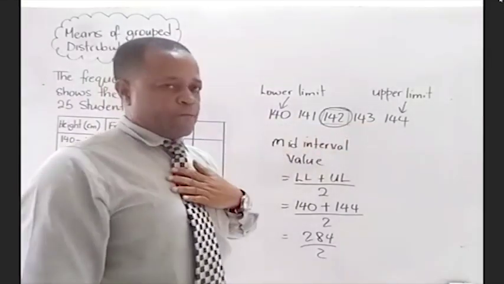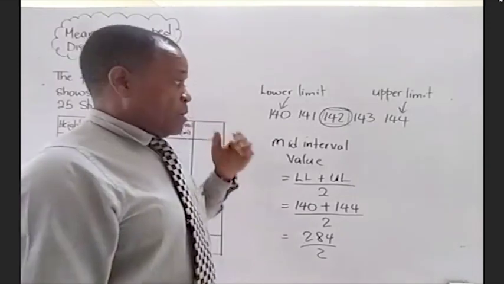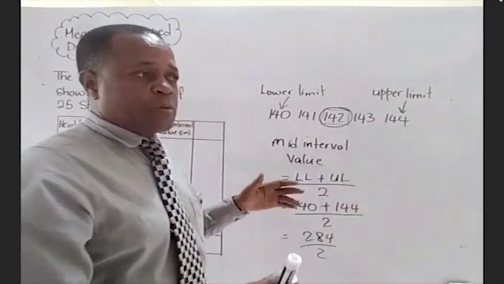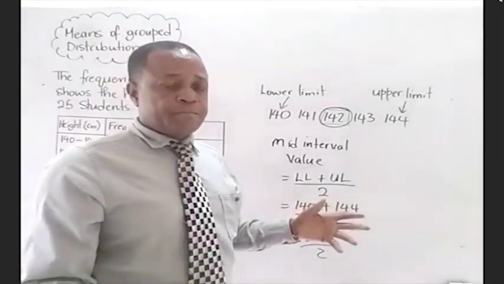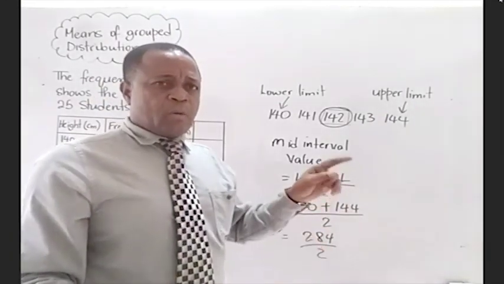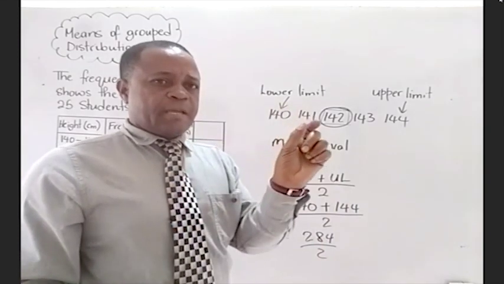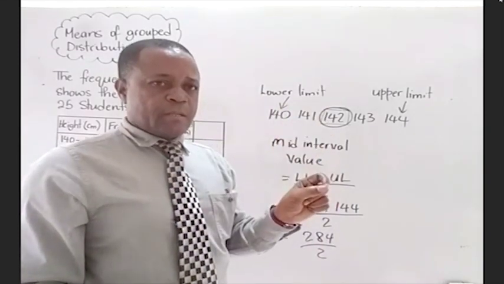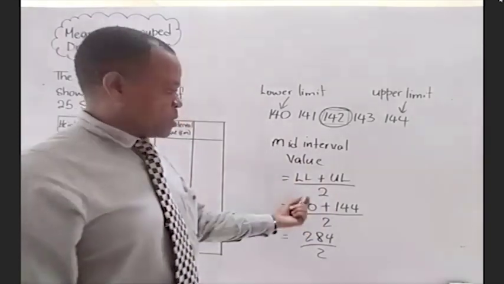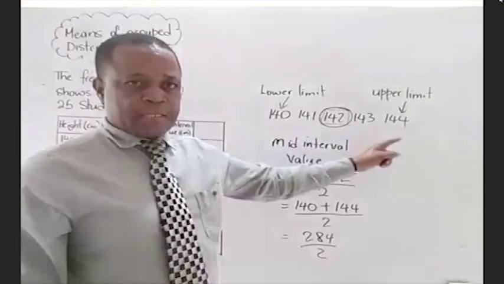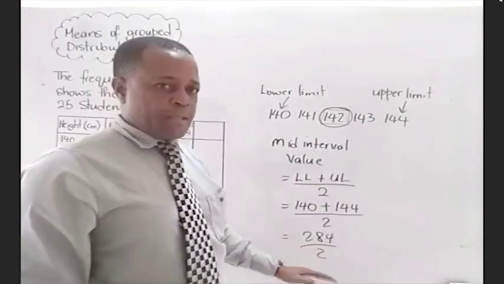I would not recommend this one, because some of the time the class size could be 10, it could be 20. So we don't want to be sitting down writing out all of those values just to identify the one that falls in the middle. We can just easily go to this formula where we use the average of the limits to find our mid-interval value.